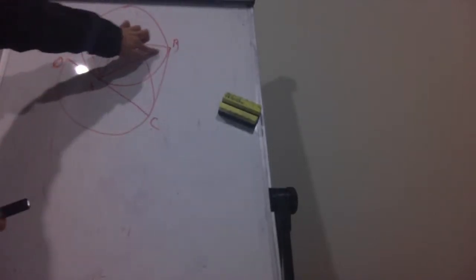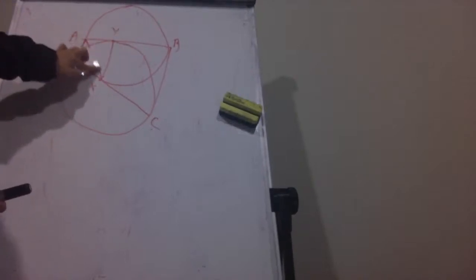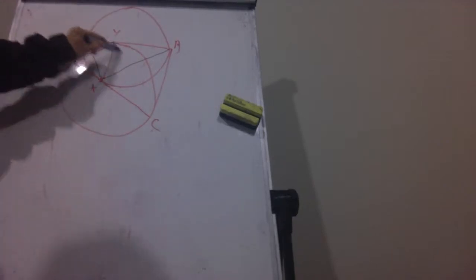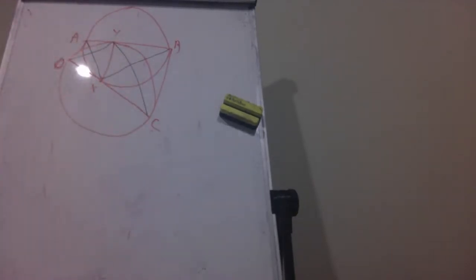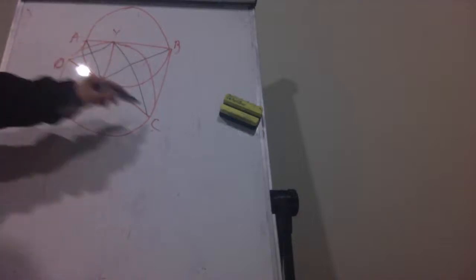The way I did this was if you just draw in these lines and these lines here, these are 90s, so this is a diameter, right?